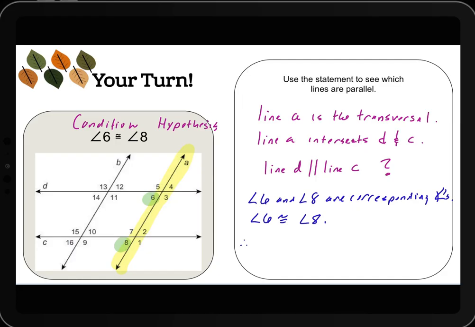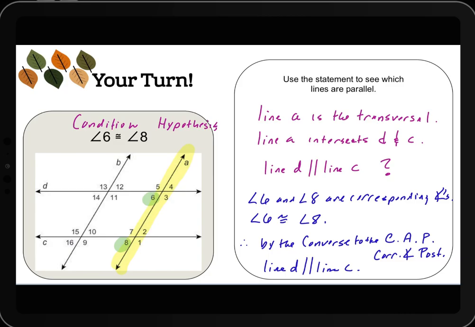So therefore we can say, by the converse to the corresponding angle postulate, which I'm abbreviating as CAP, so if I ever use that again you'll recognize what I'm referring to, line D has to be parallel to line C. That confirms why they are parallel, because the corresponding angles 6 and 8 are congruent to each other.